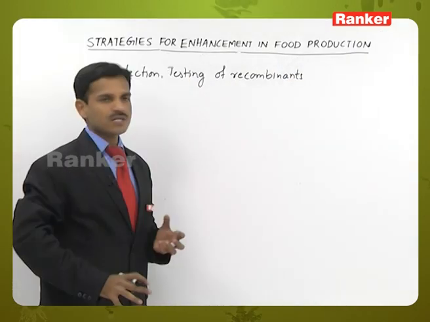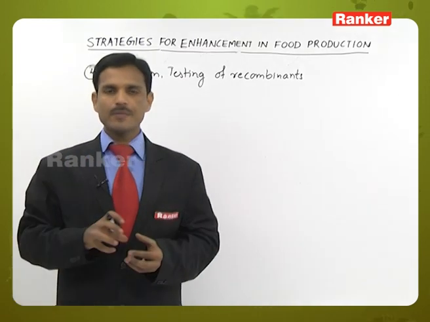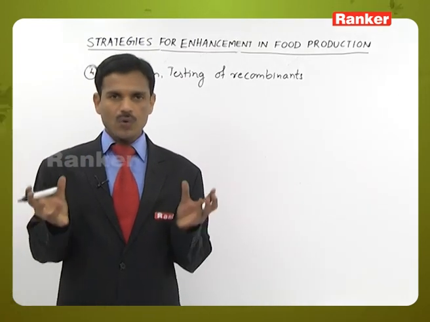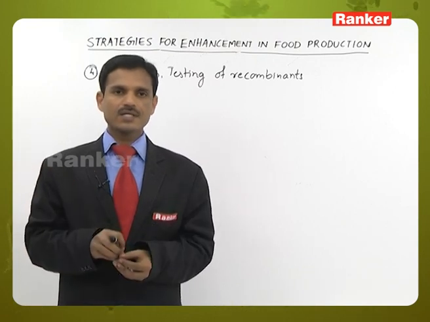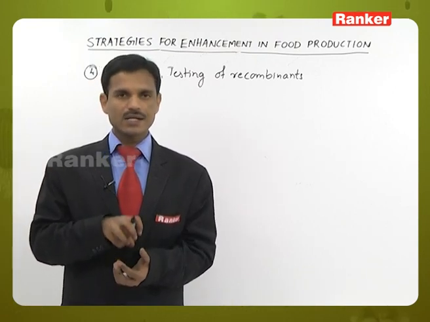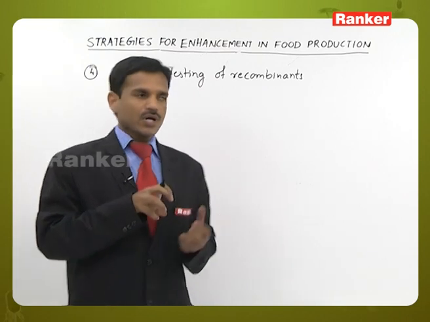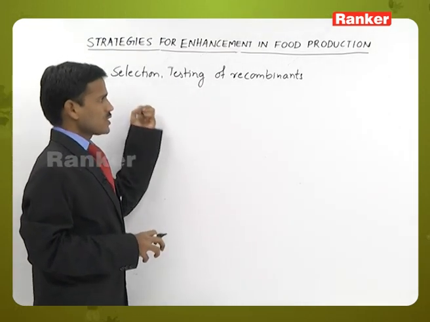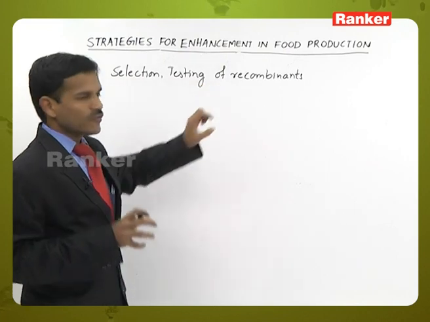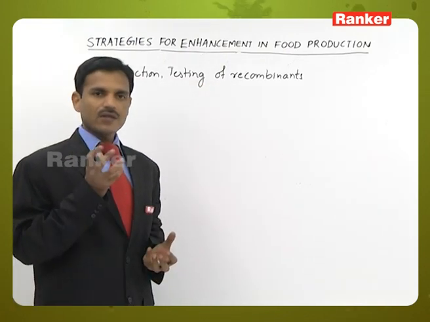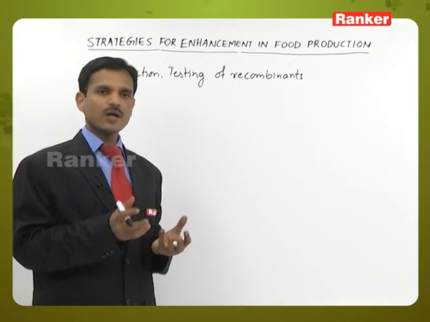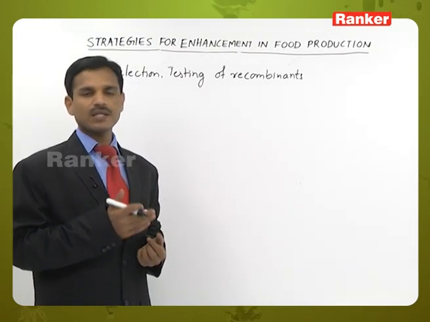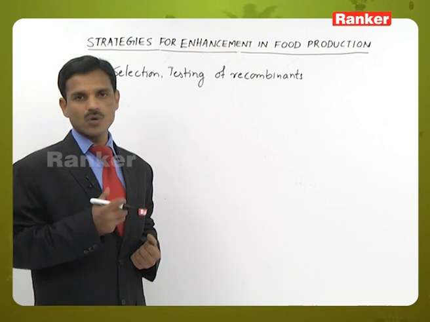So, recombination means new combination. Here the qualities present in different plants are incorporated into a single variety, a single plant or a single organism. After cross hybridization, we get the recombinants. If one plant or fruit produces thousands of seeds, all the seeds develop into new plants, but not all of these plants have the two desirable qualities.